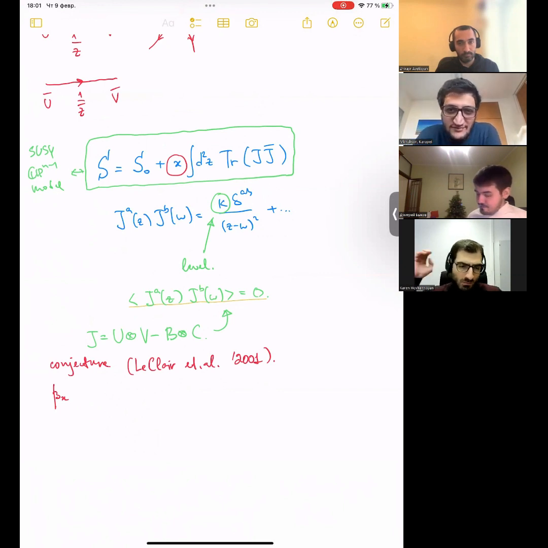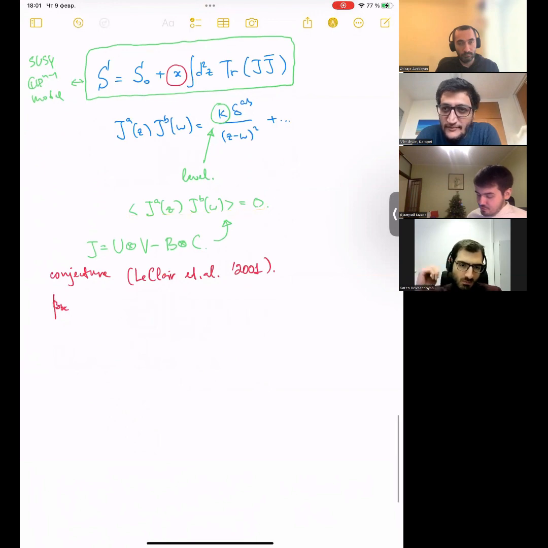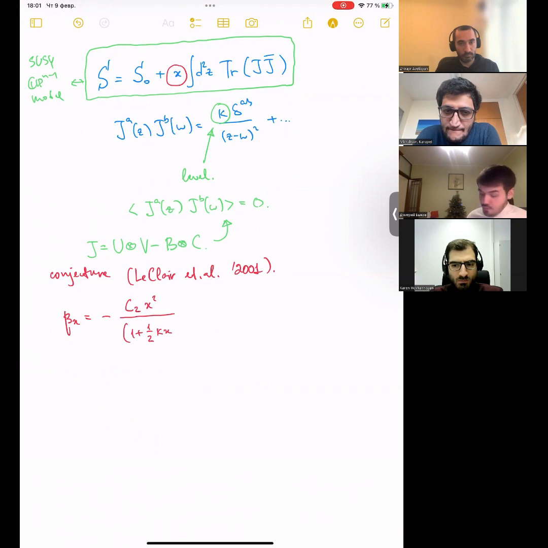So there's a conjecture for the all-loop beta function, which says that beta kappa is minus C2 kappa squared over (1 plus one half k kappa) squared.